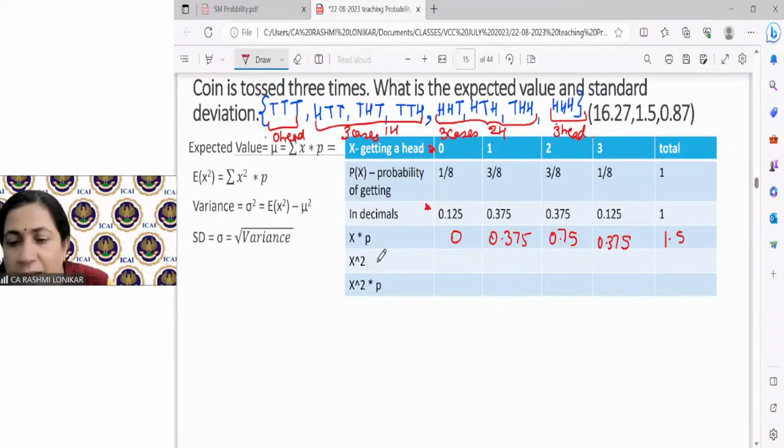Now I will square the x. 0 square is 0. 1 square is 1. 2 square is 4. 3 square is 9. Then multiply the x square with p.